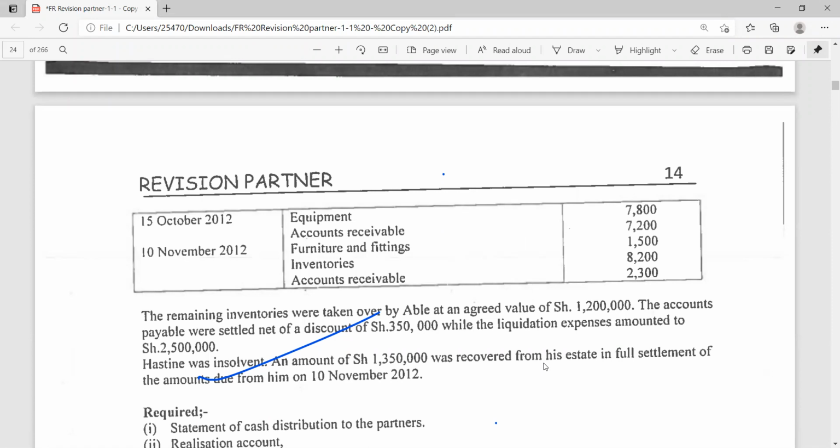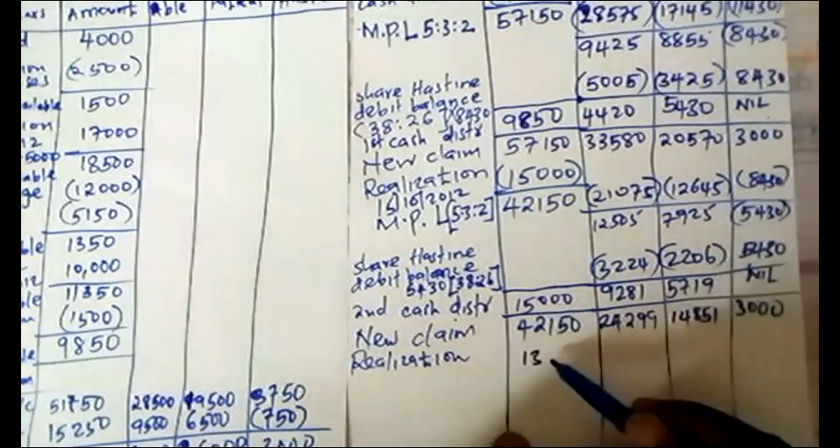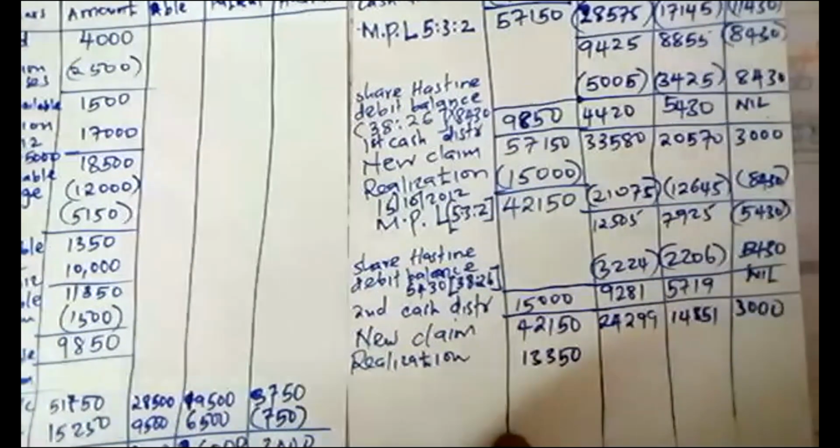So they tried recovering some amount from him, because he was insolvent. So you add that 1,350. Your answer will be 13,350. So that is the cash which is available.